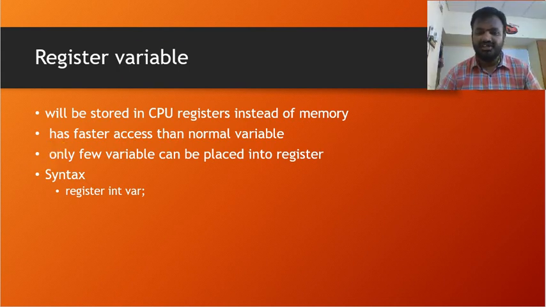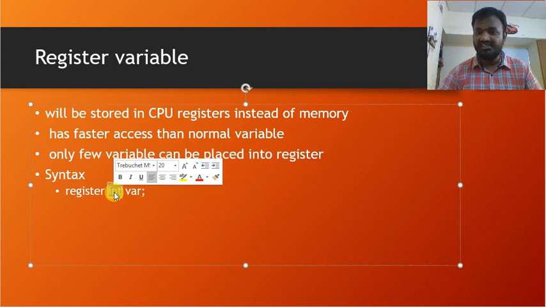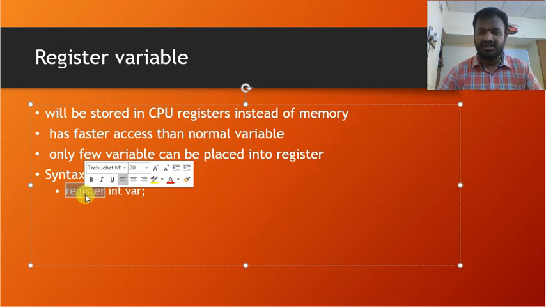The syntax of the register variable is register, data type, and the variable name. The data type will be common; we just need to add another keyword, register, which indicates that this variable should be placed inside the register, not into the memory.